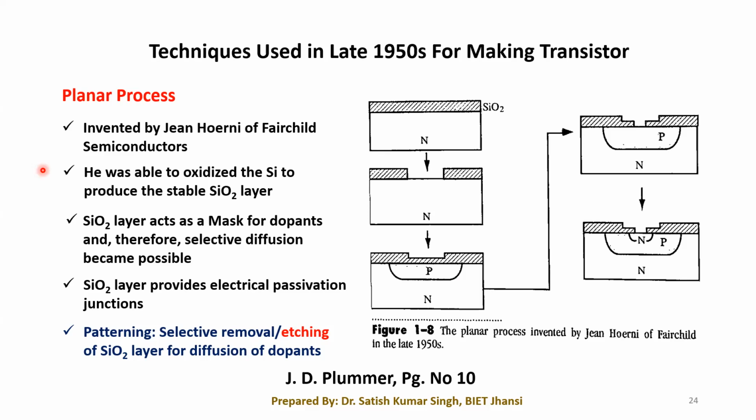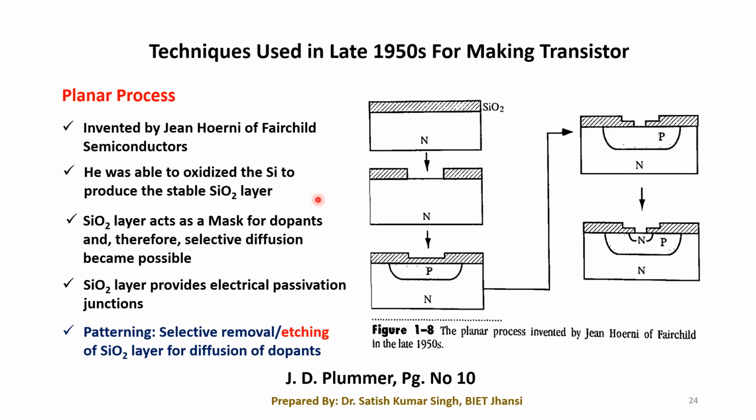Now, one more thing that we have to understand here is that from this slide, you may not be able to see the other advantages of having the planar process and of the SiO2 layer. What I have said is that the SiO2 layer provides a means for selective etching, and etching means removal of a certain portion of the SiO2.